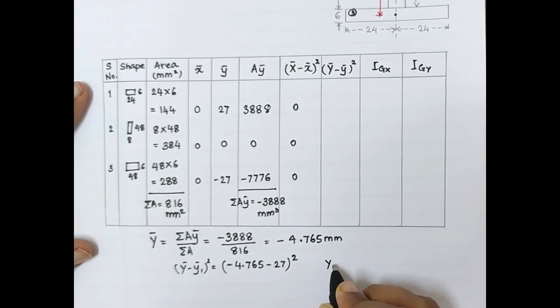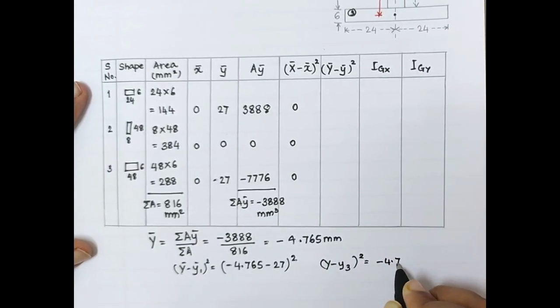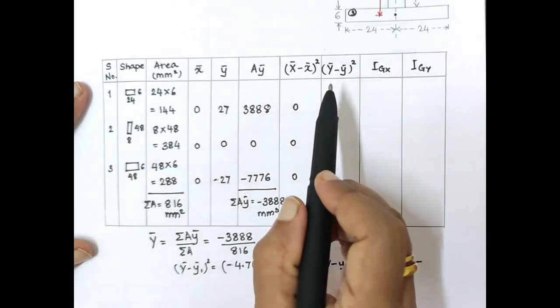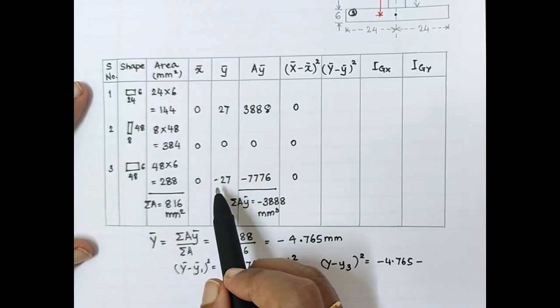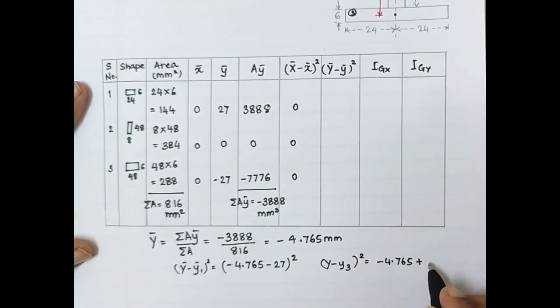Similarly, y minus y3 whole square will be equal to minus 4.765 minus of the coordinate itself. So negative into negative will be positive and you will get a value of plus 27 over here and squaring the whole term.